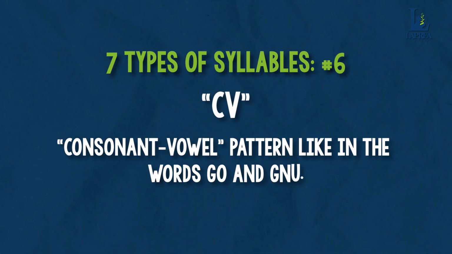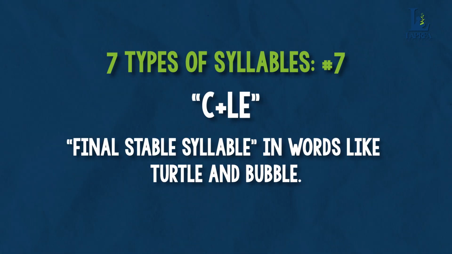Then we have the CV syllable type, which is consonant vowel pattern, like in the words go and new, the animal, gnu. And then the last syllable type is the C plus LE, the final stable syllable, in words like turtle and bubble.